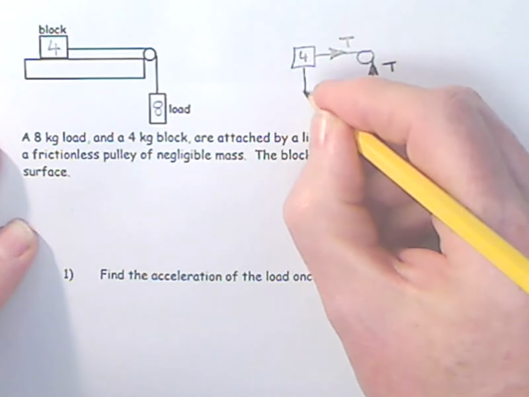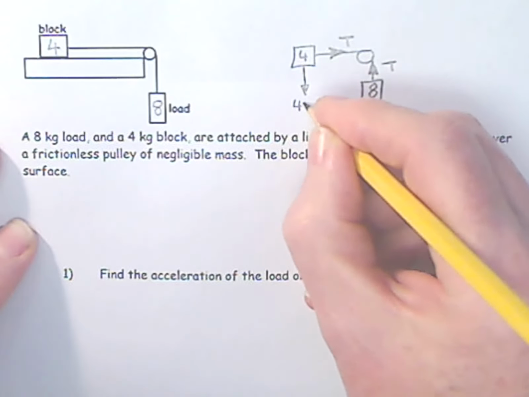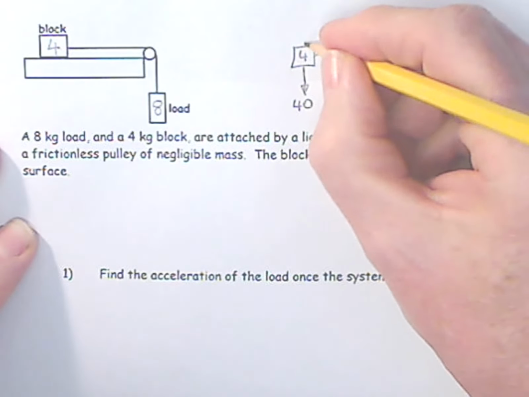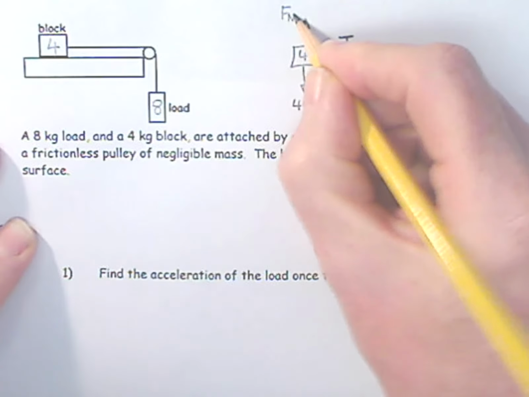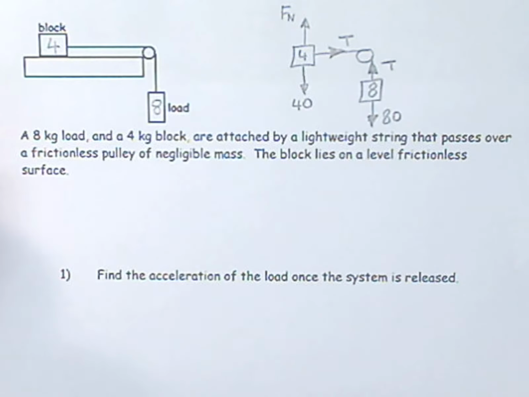And then we have our weight, which is 40 newtons, but we also have our normal force, which we can easily show is also going to be equal to 40 newtons upwards.